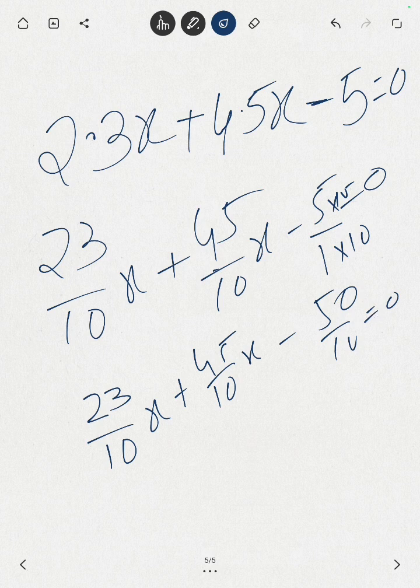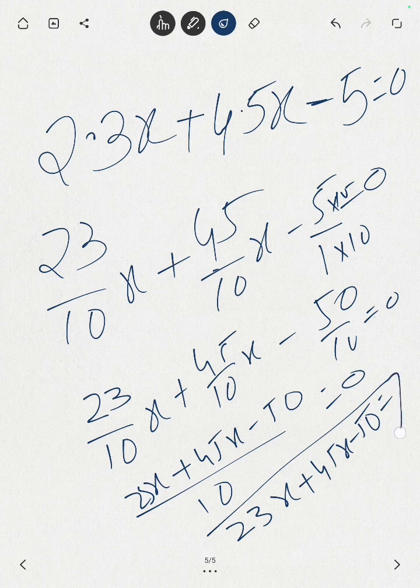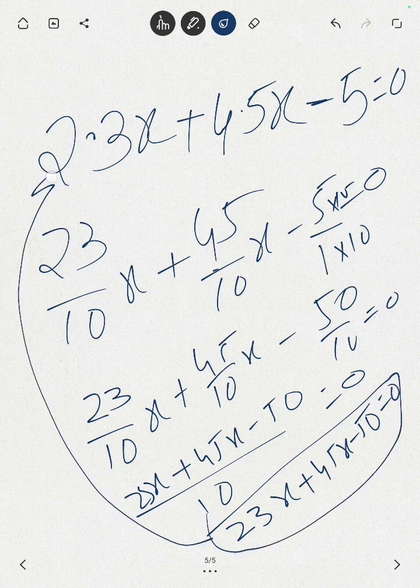The denominator will become 10. It is 23x square plus 45x minus 50 equals 0. Send this 10 to that side and the final answer is 23x square plus 45x minus 50. And this equation is the same as this equation. See the difference?